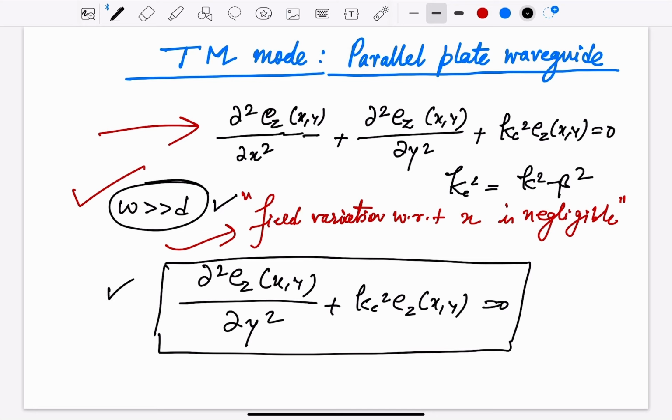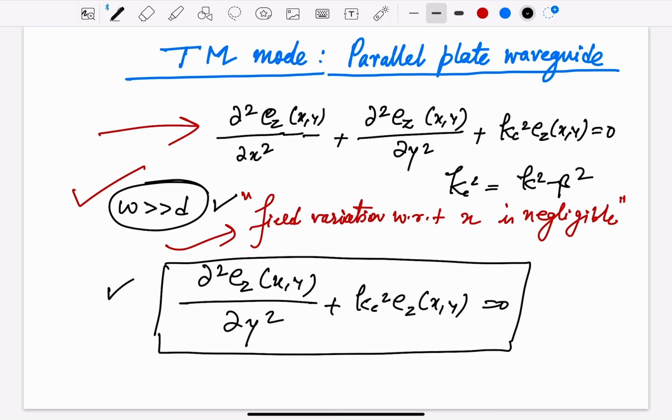If you remember this equation, when we started making the solution of the differential equation, you got two terms, sine kc y and cos kc y. And kc we got after applying the appropriate boundary condition. So now we can see how mathematically they are linked.